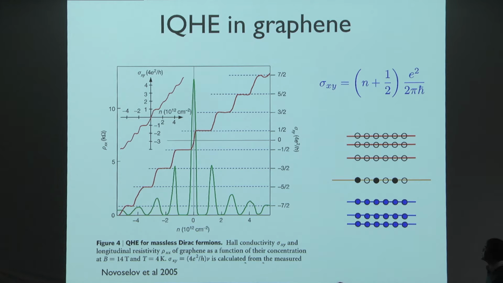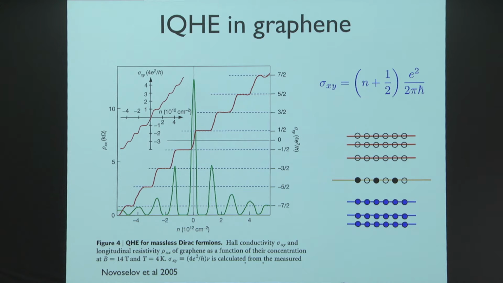One of the first experiments with graphene was an integer quantum Hall experiment, in which we see beautiful integer quantum Hall steps, and if we divide the whole conductivity by the degeneracy of the Dirac fermion, in this case 4 because of spin and what we call pseudo spin, we get sigma xy equal to n plus 1/2 times the usual quantization coefficient.